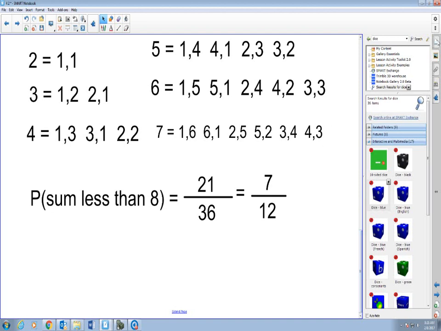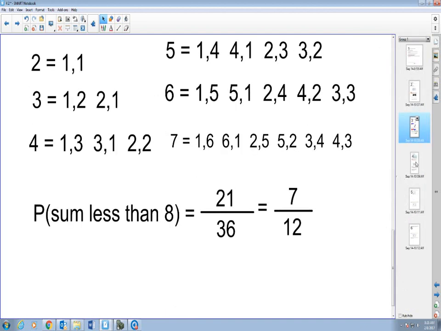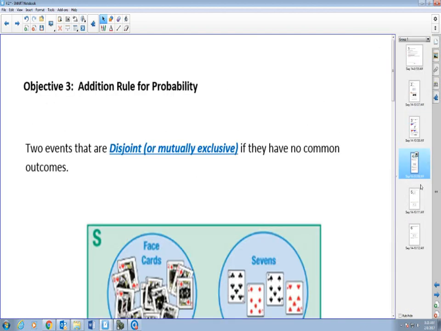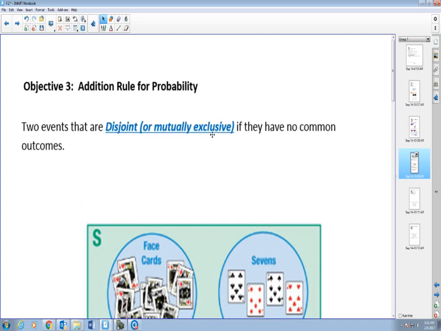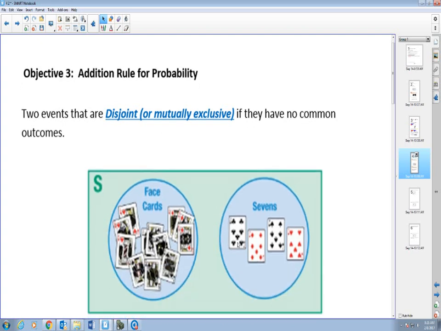Alright. Let's take a look at something called the addition rule for probability. The addition rule for probability says if you have 2 events, 2 different things happening, that are disjoint, or the words mutually exclusive, that means the 2 events have no common outcomes.